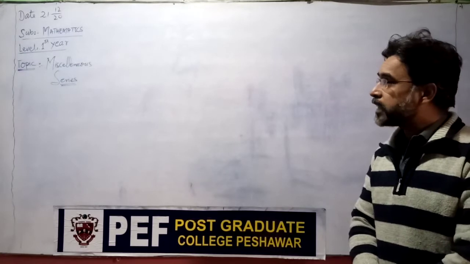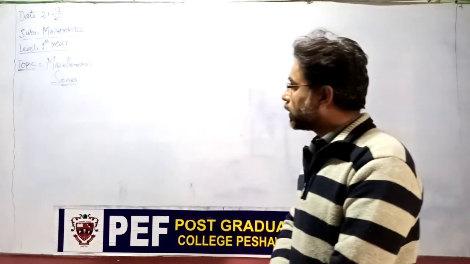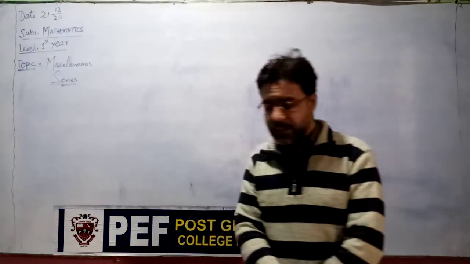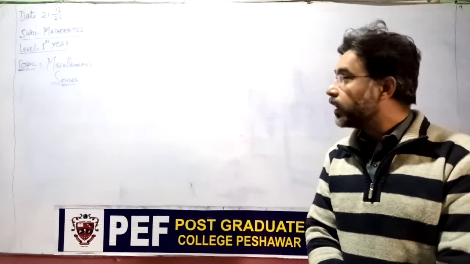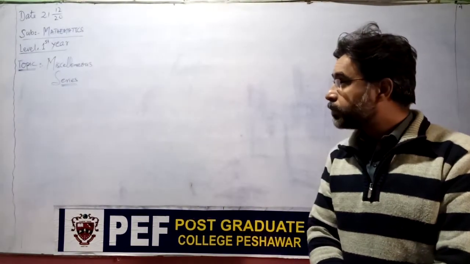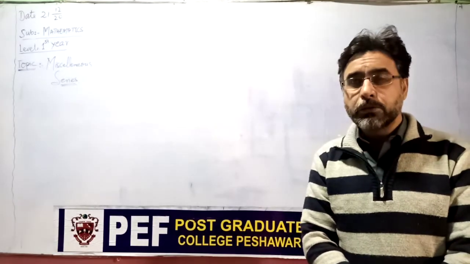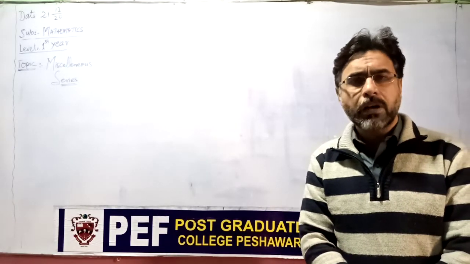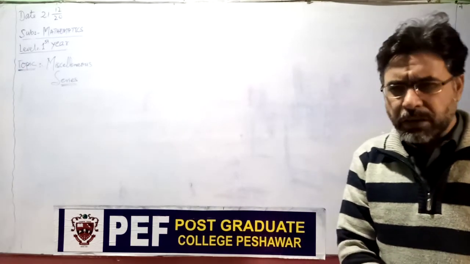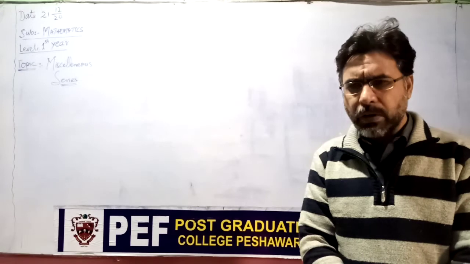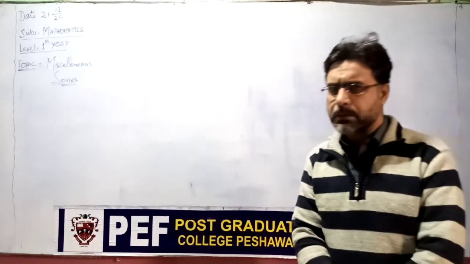Our today's topic is the continuity of the previous one, miscellaneous series. Dear students, in the previous lecture, I developed two main formulas: the summation of the first n natural numbers, and the sum of the squares of the first n natural numbers.